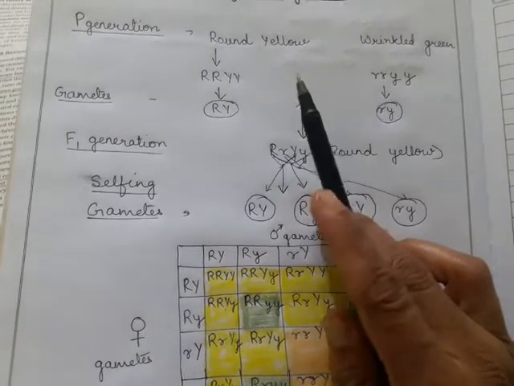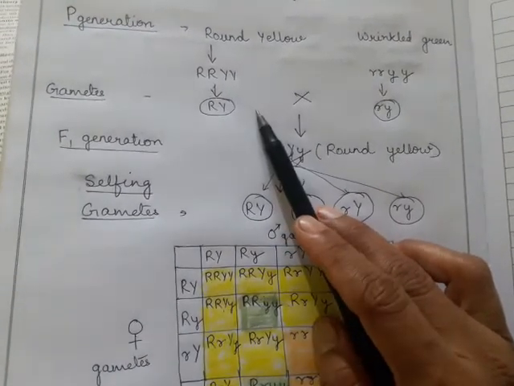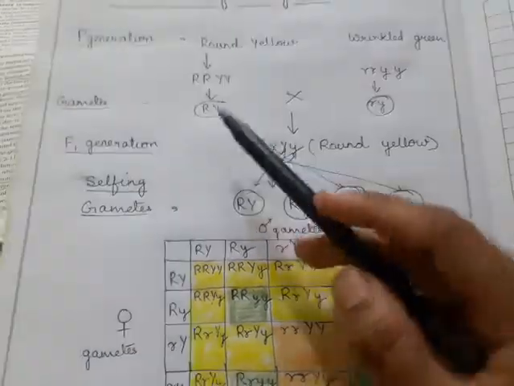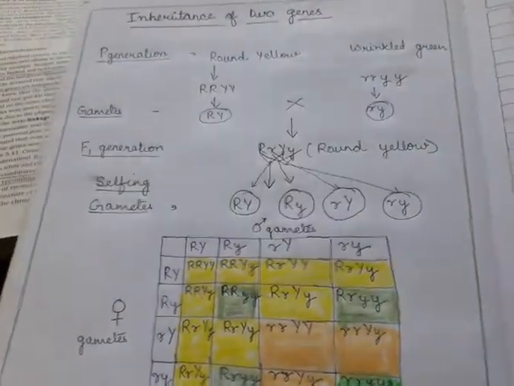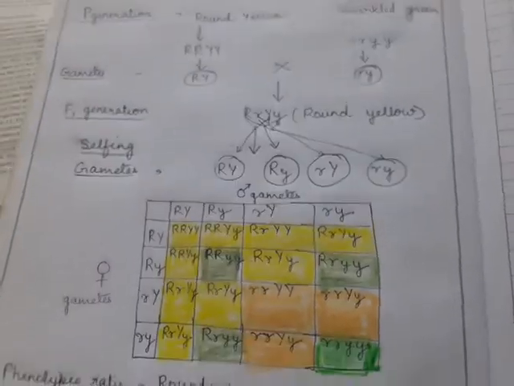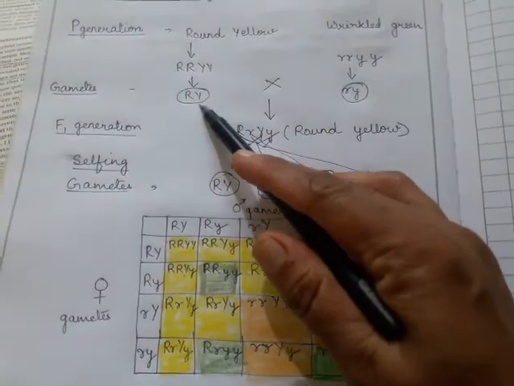It is not that round and yellow alleles will always be linked together. No, they are allowed to make any combination.